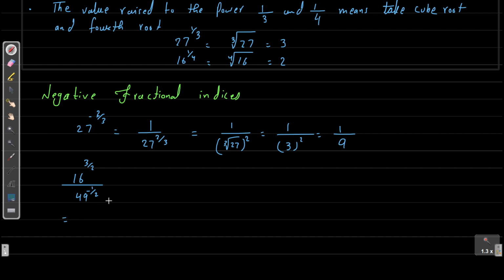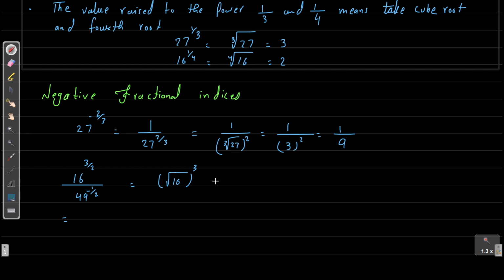In the denominator, we can convert this into positive by taking the value into the numerator. 16 to the power 3 by 2 can be written, because 2 is the square root, as the square root of 16 whole to the power 3.